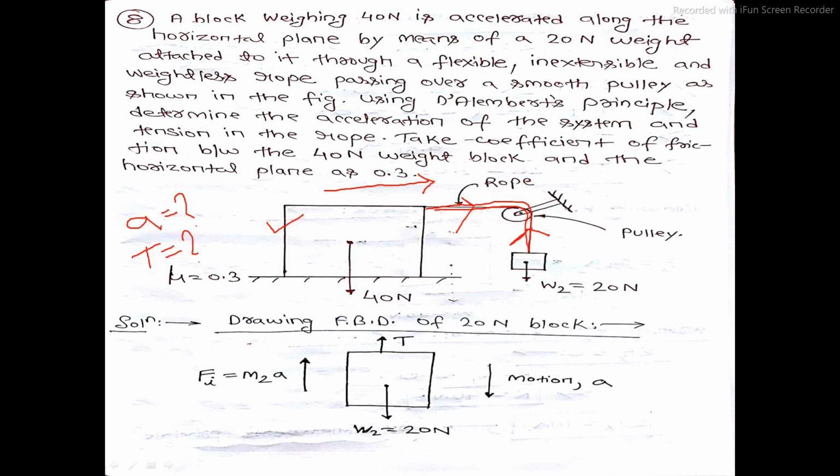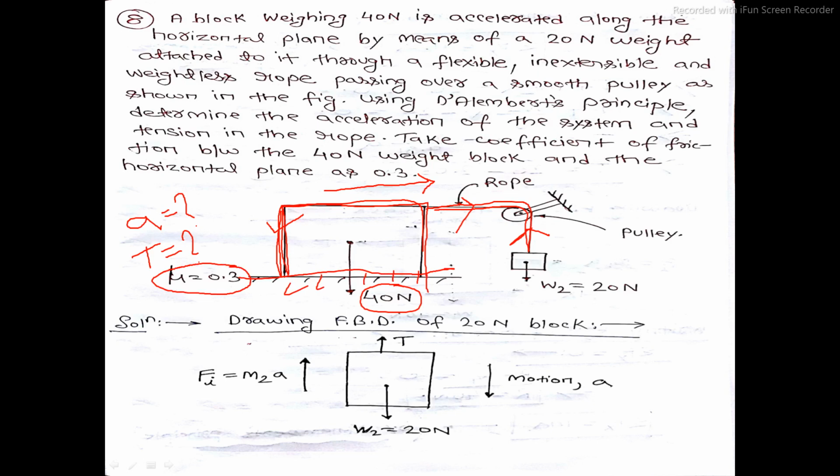What is given to you? The weight of this block is given, that is 40 Newton. The coefficient of friction between this block and the rough horizontal surface is also given, that is 0.3.